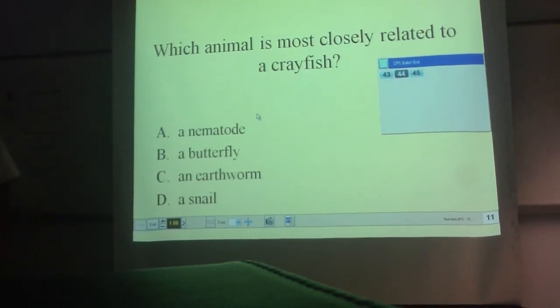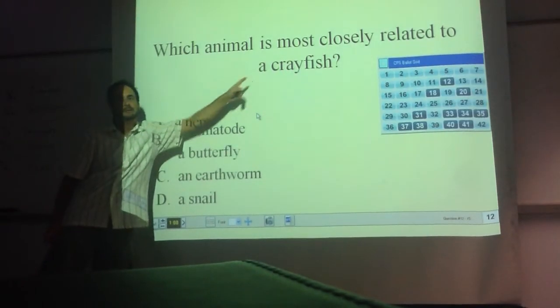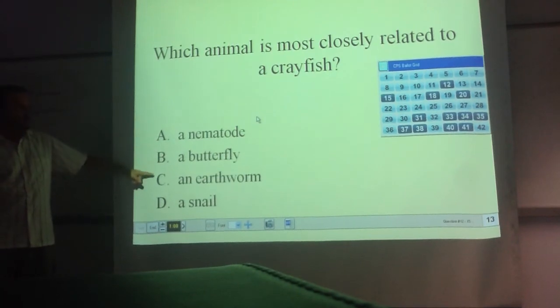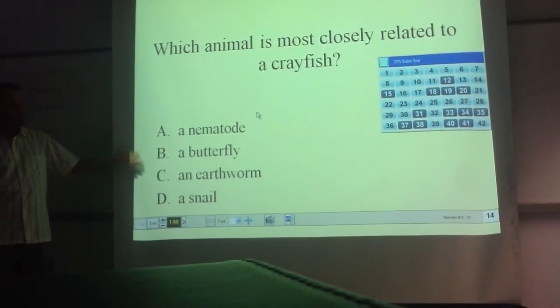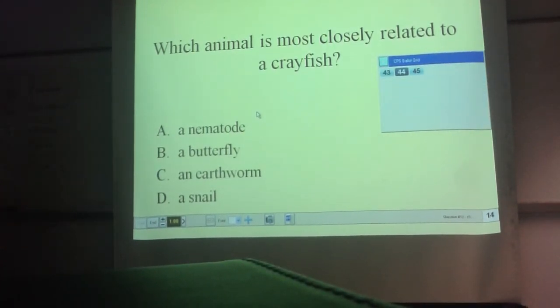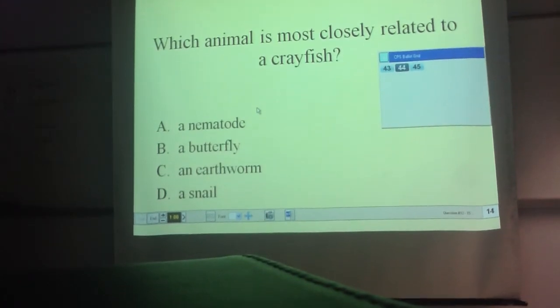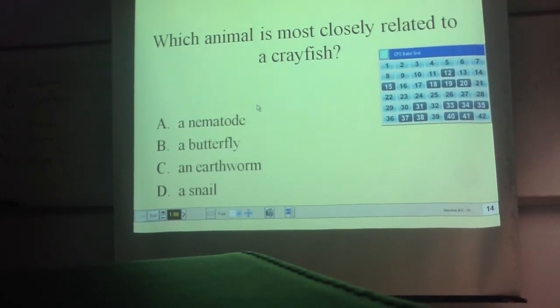Now, if you know what you're doing, you could get this into a phylum. These are in four different phyla. Only one of them is in the same phylum as that one. So if you know what phylum each one is in, this is easy.